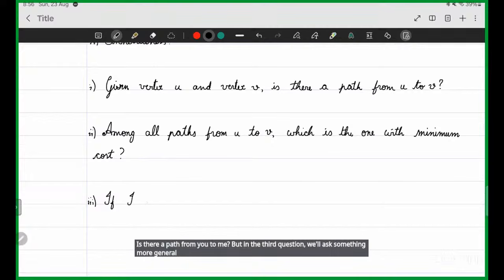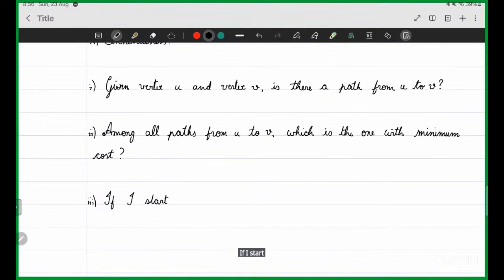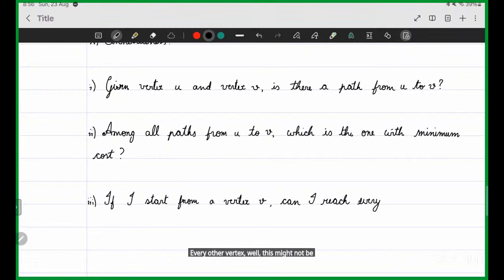If I start from a particular vertex, let's call it v, can I reach every other vertex? Well, this might not be the case. It depends on the graph.